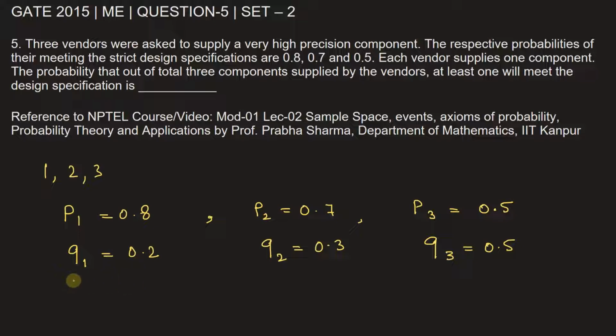Now the probability, let's write P, that at least one will meet the specification, the desired specification.